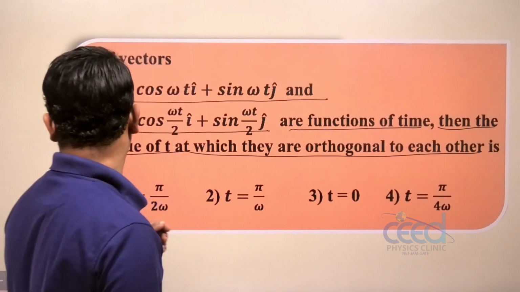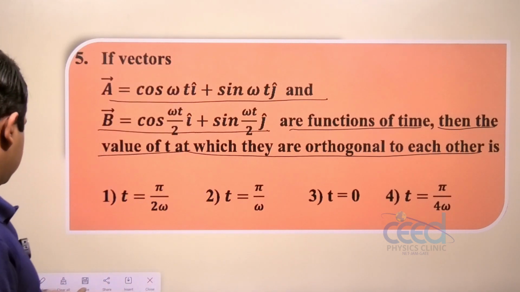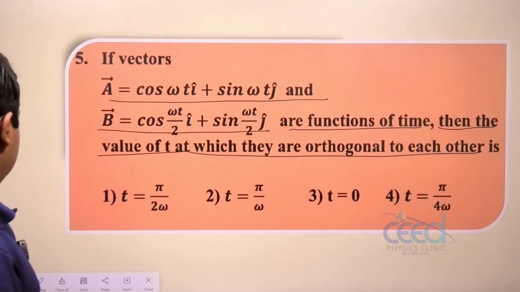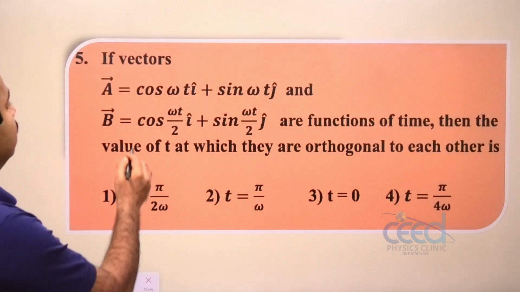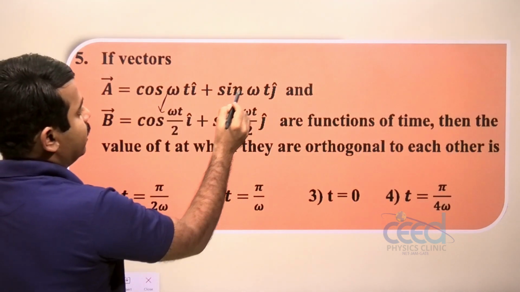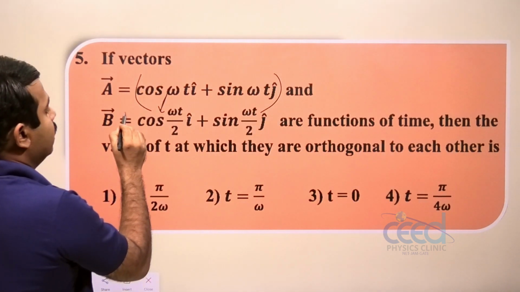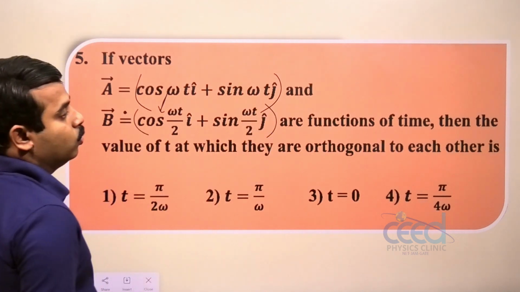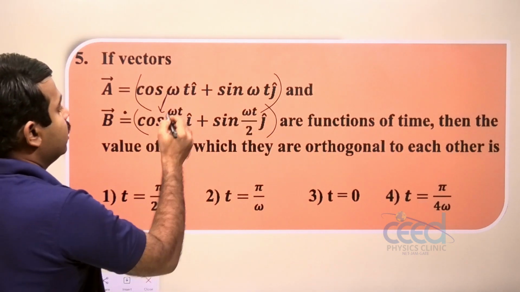So what can I write? Orthogonal means their dot product, this dot this, should be 0. Then what do I get?